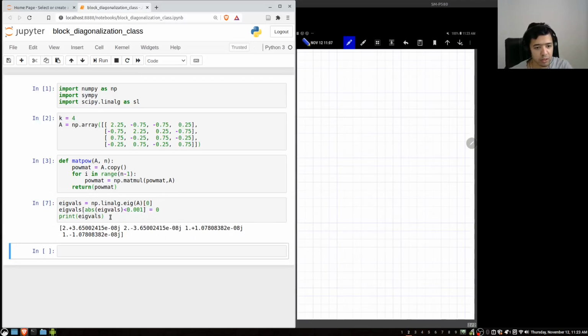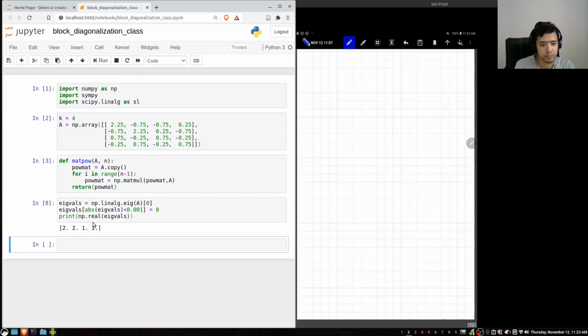Okay, so the eigenvalues are just 2, 2, 1, and 1.